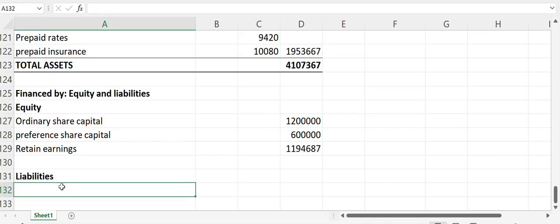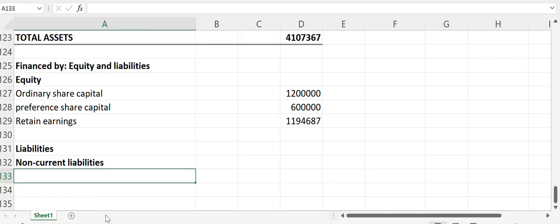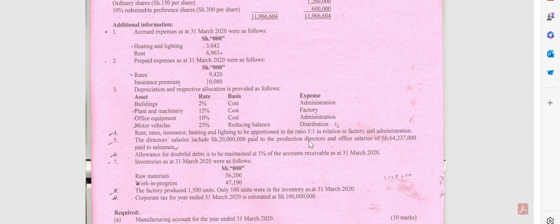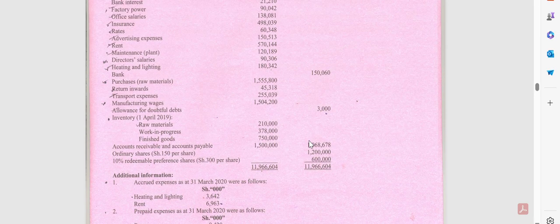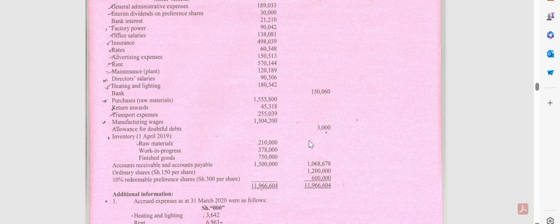So under liabilities, we have non-current liabilities. These are long-term liabilities with a maturity of more than 1 year, and I can't see any.